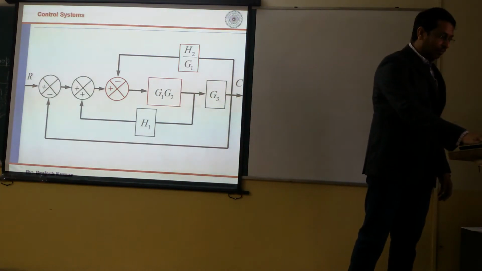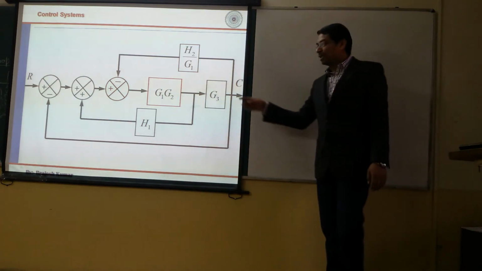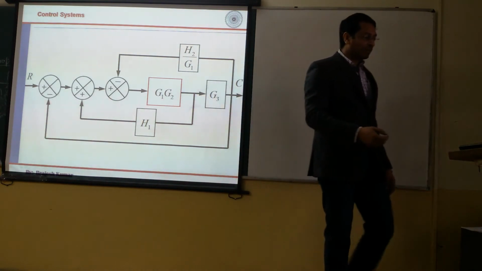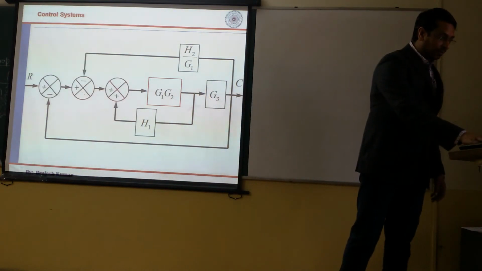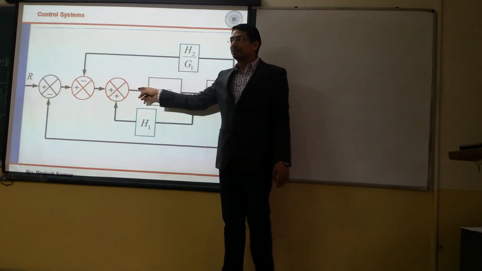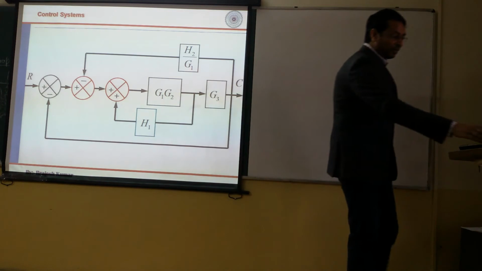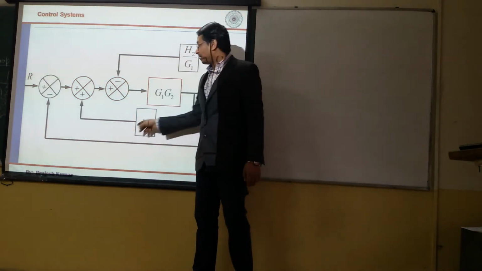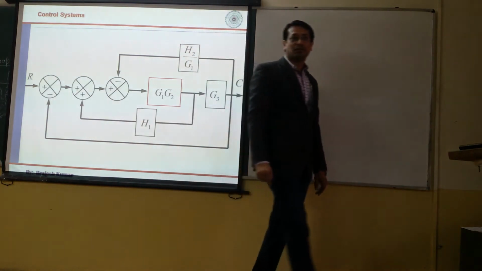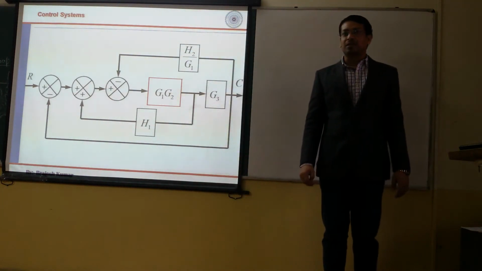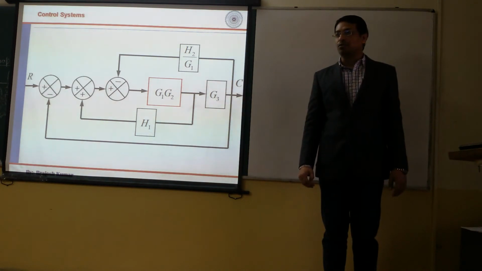After that, what will you do? You will multiply both the gains to get G1, G2. After that, you will interchange the summing points. Note that previously it was connected like this, here and here. That is the important point. What I wanted to show you is that you can interchange the summing points. It is not going to change anything.